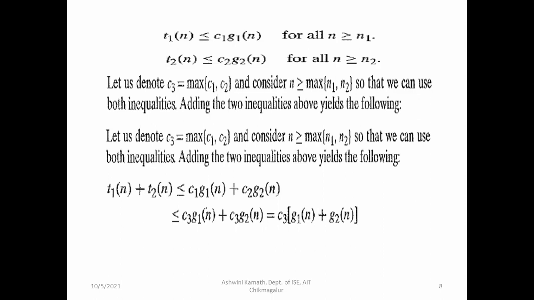In place of C1 I'm using C3, and in place of C2 also I'm using C3, because C3 is the maximum value of C1 or C2. Take C3 common, outside. So we are left with C3 into g1 of n plus g2 of n.